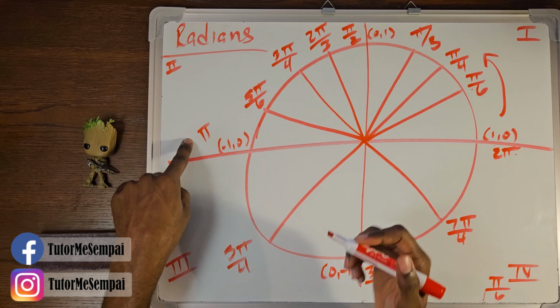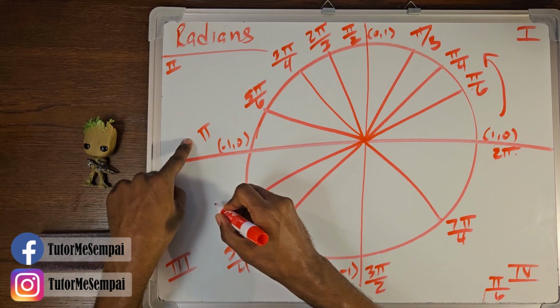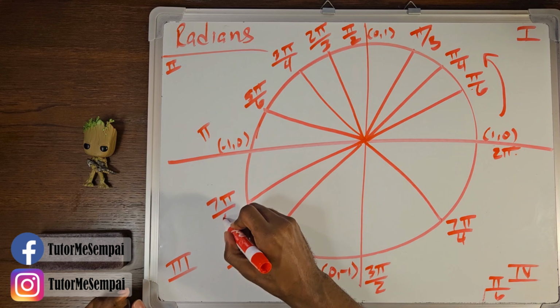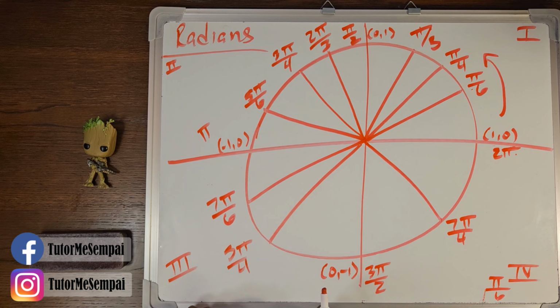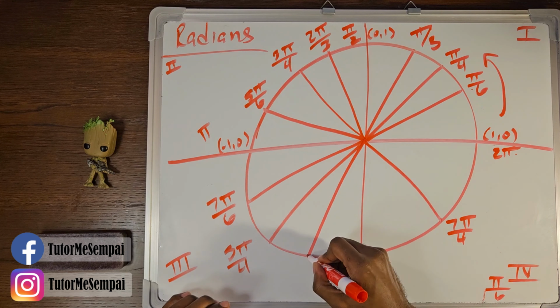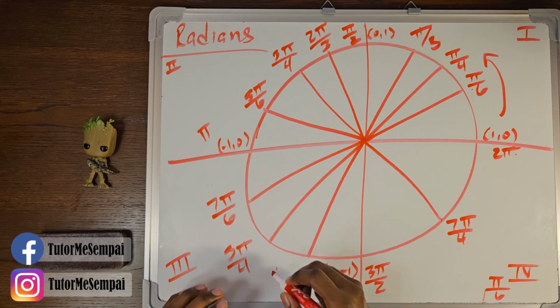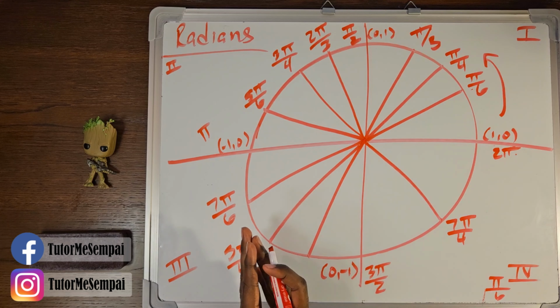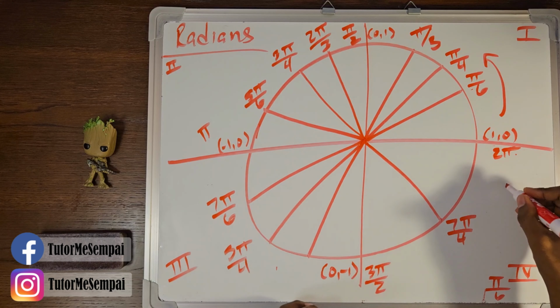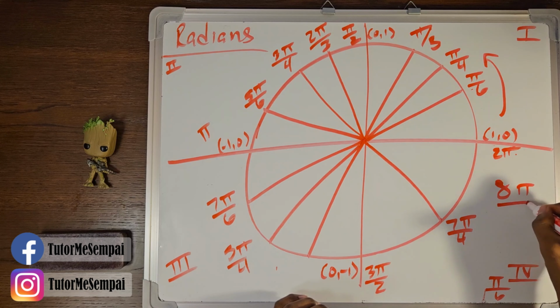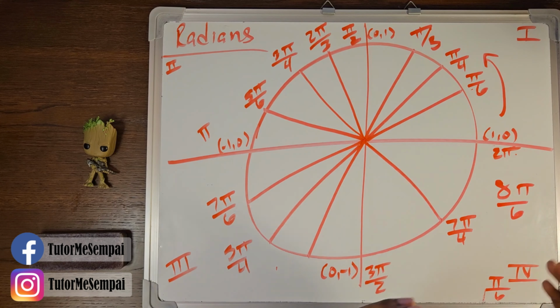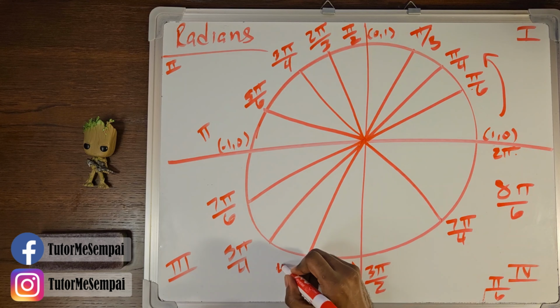So after 6 pi over 6, the next one should be 7 pi over 6. We can't simplify that, so we leave it how it is. The next one should be 8 pi over 6, but that can be simplified. What can 8 pi over 6 simplify to? 4 pi over 3.